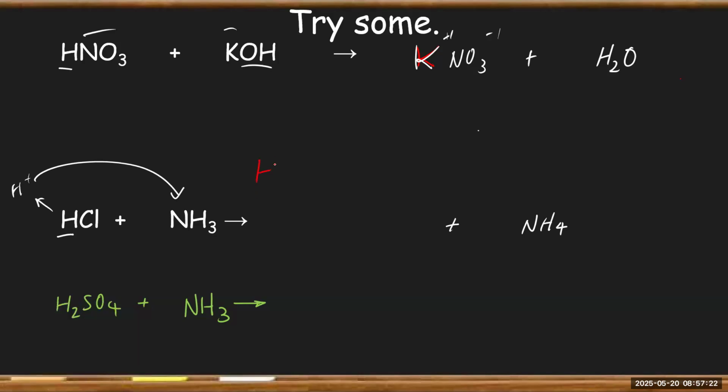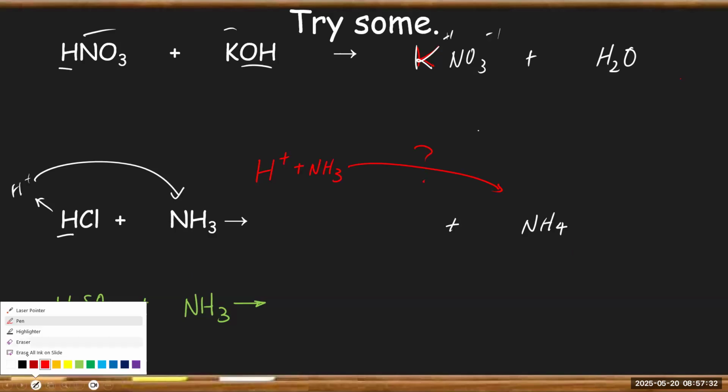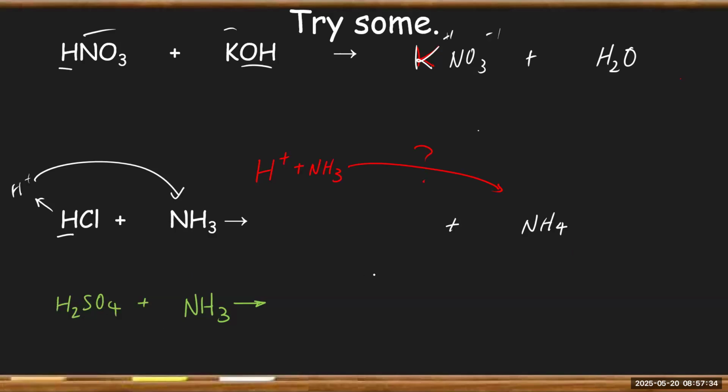Does that give us this? You're telling me the charge is fine? Dude, you just came out of the rear end of redox class, man. You're telling me you're okay with this? What's the total charge on this side? Class? Total charge. How many charges do you see here?